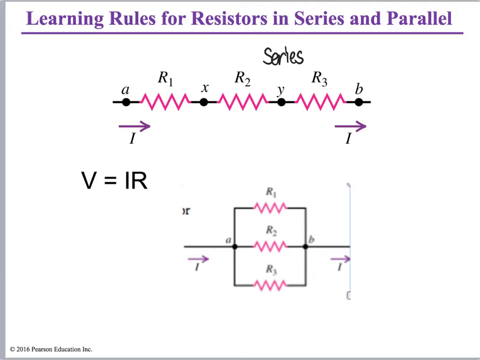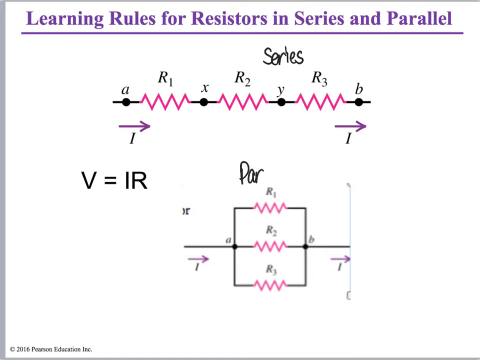Fortunately, we've already looked at series and parallel with capacitors, so we should be fairly familiar with what differentiates them from each other. Basically, resistors in series are just connected one after the other. We'll talk about the qualities of current and potential in those situations, and also how we can find an equivalent resistance. That's going to be very similar to what we did with capacitors.